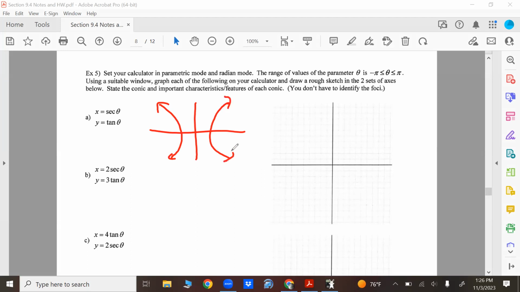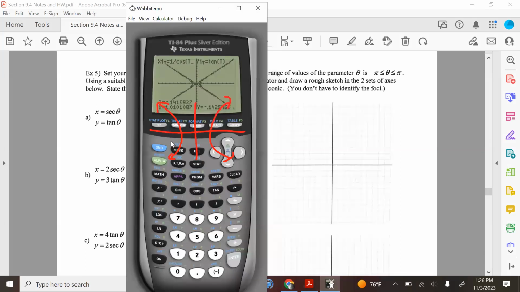Now, what if I make a slight adjustment and put 2 in front of secant, 3 in front of tan? So you have to insert a 2 here. Actually, put a 2 up top, my bad. And we'll insert a 3 down here.